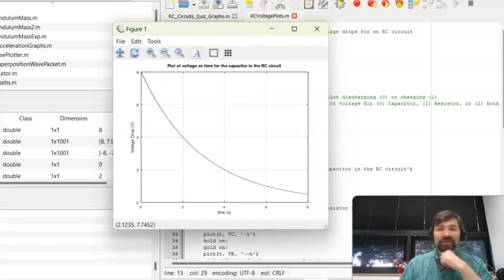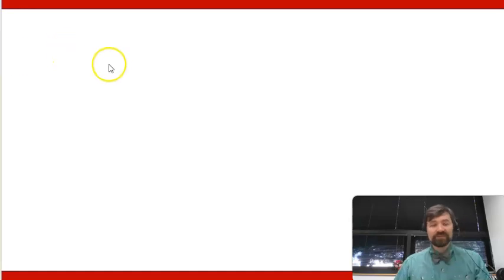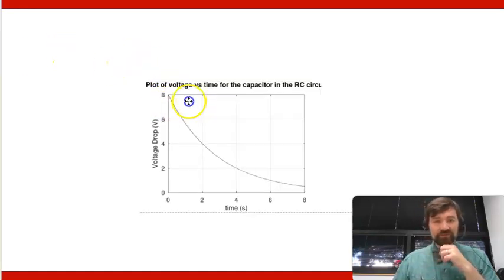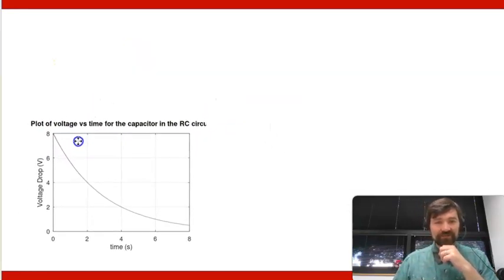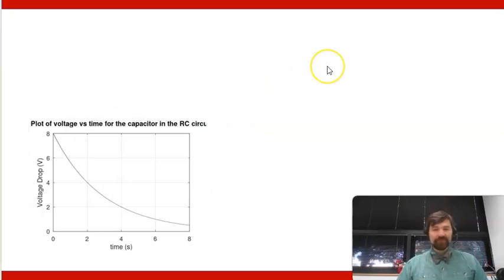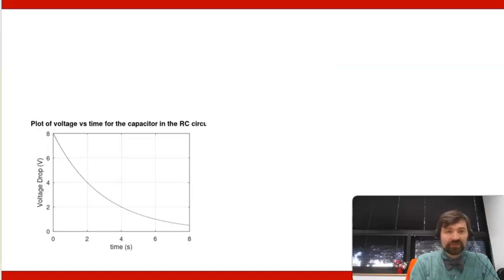So what I'm going to do is I'm going to drop this plot into my little presentation, and I'm going to draw a reminder of what this circuit basically should look like. We expect, in this case, to have a resistor connected to a capacitor.